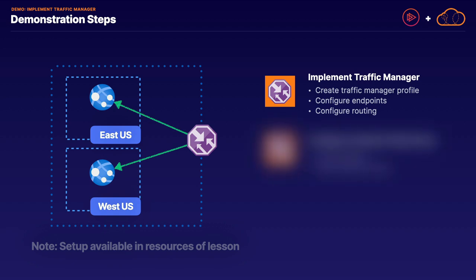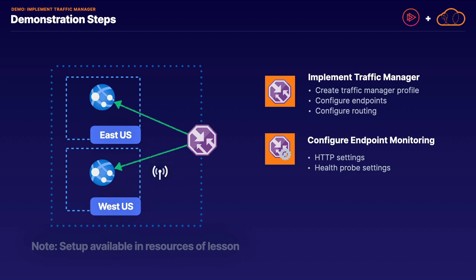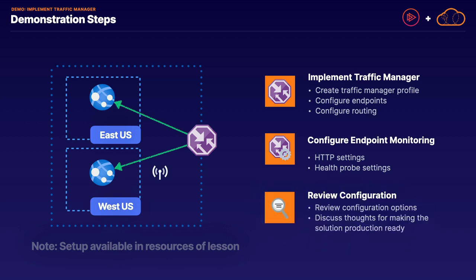And then we're going to configure that endpoint monitoring for HTTP settings and health probe settings so that we can see how we can tweak that endpoint monitoring for those endpoints. And then we're going to review our configuration and discuss our thoughts on our options and how we might make this solution production ready.